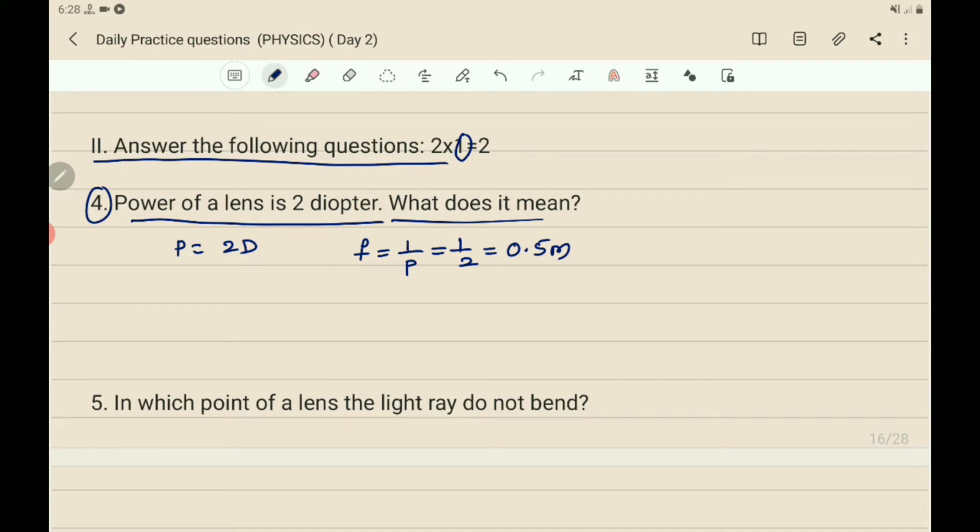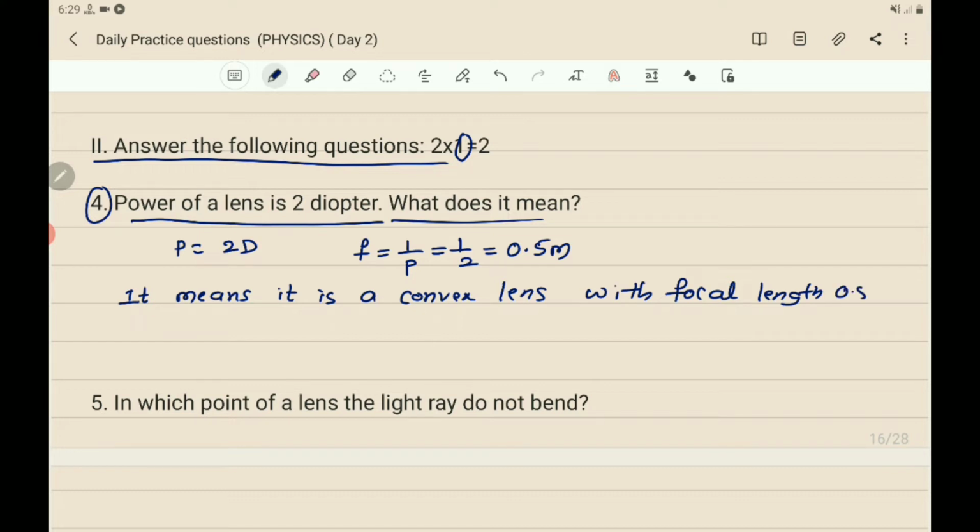It means it is a convex lens with focal length 0.5 meter.